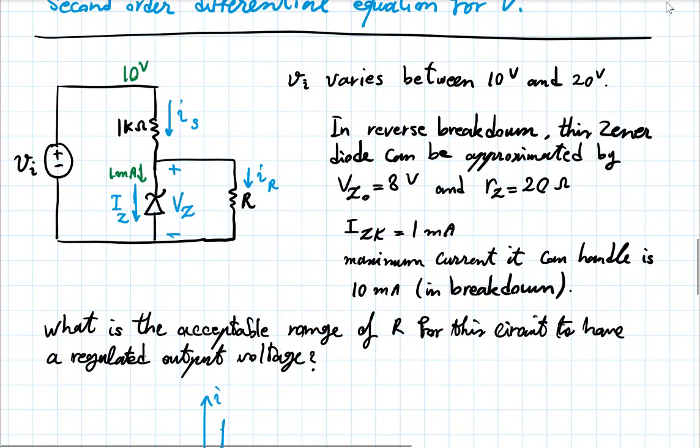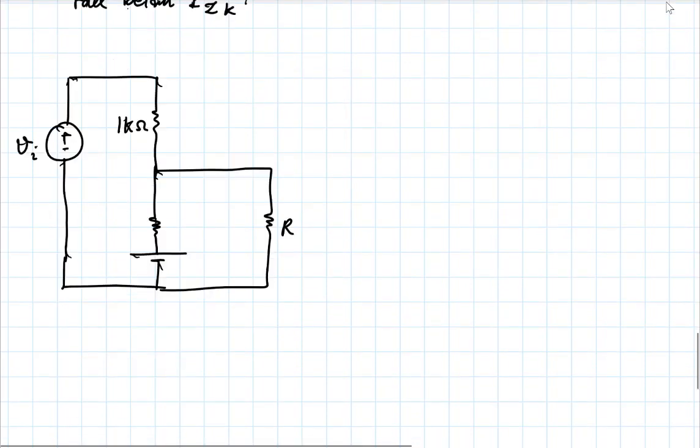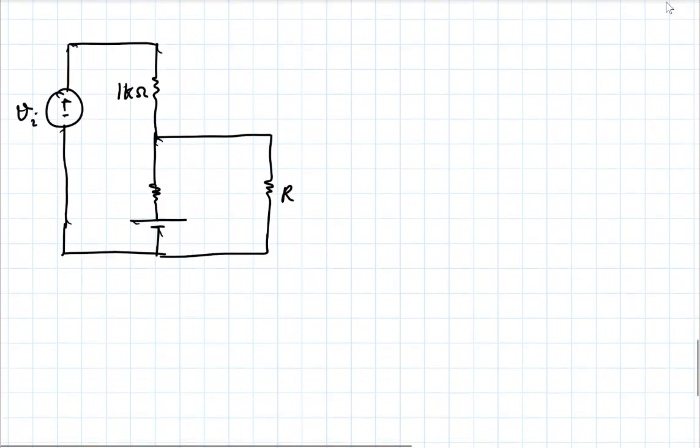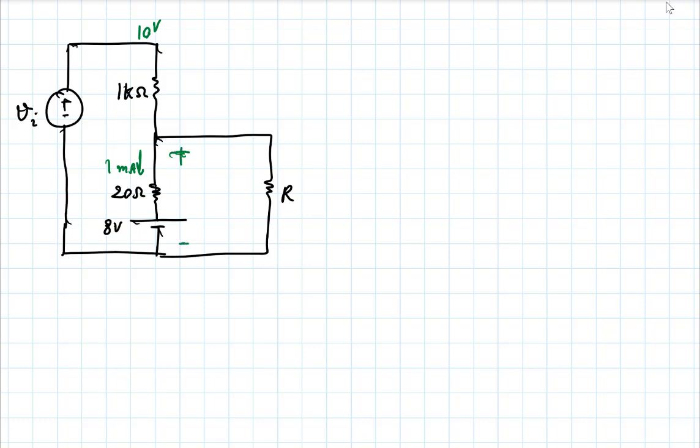Right? So that same thing there. I'm just putting these here. Vz naught was 8 volts, and this was 20 ohms. So at the minimum, when this is 10 volts, I still need 1 milliamp of current here, which means the voltage difference here will be what? 8 volts plus 0.02, right? This will be 8.02 volts.